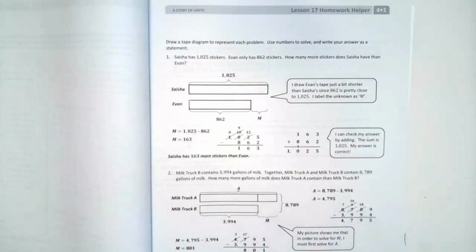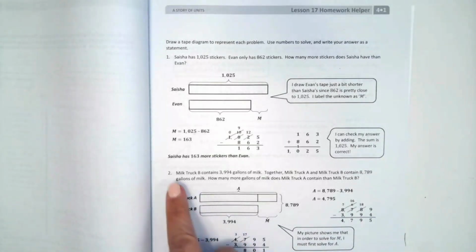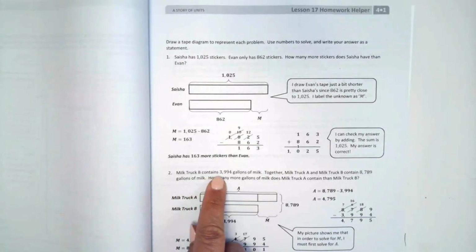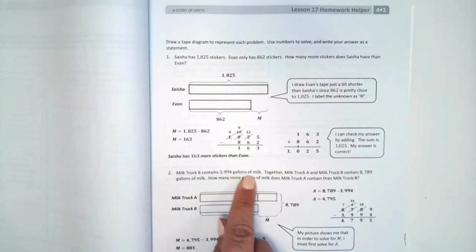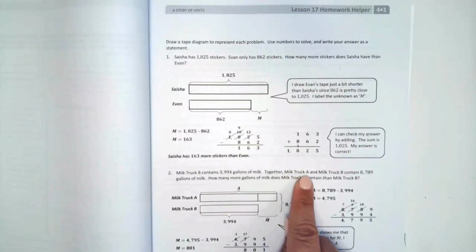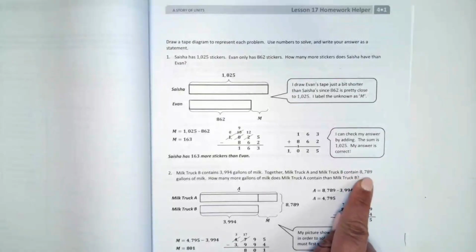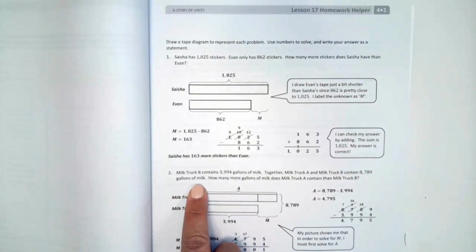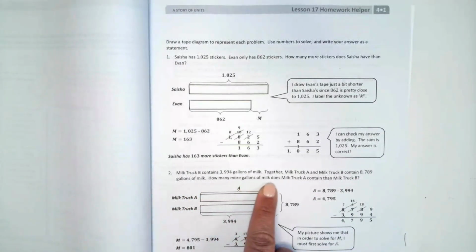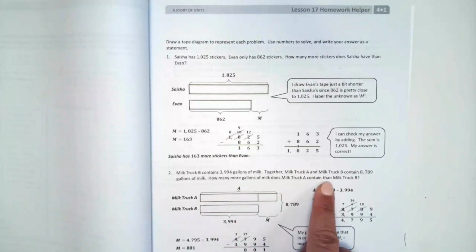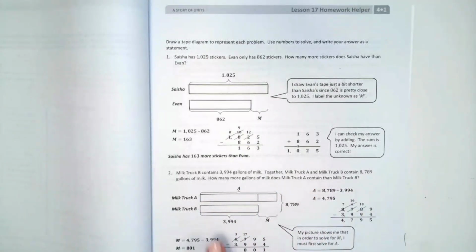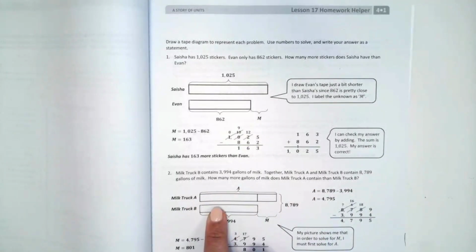Now let's look at number 2. Milk truck B contains 3,994 gallons of milk. Together, milk truck A and milk truck B contain 8,789 gallons of milk. How many more gallons of milk does milk truck A contain than milk truck B? So here's the tape diagram.